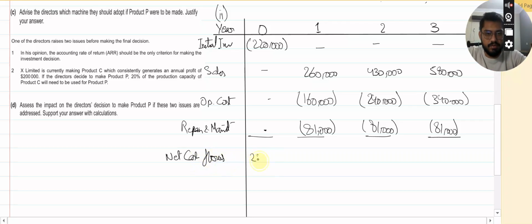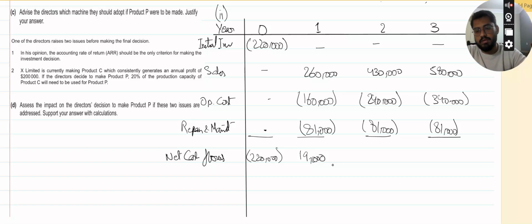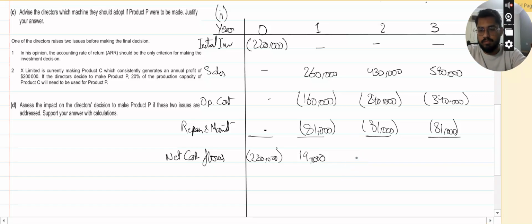So over here we have 220,000 in year 0, then 260 minus 160 minus 81. In year 1 we have $19,000. In year 2 we have 430 minus 240 minus 81. This comes up to $109,000.